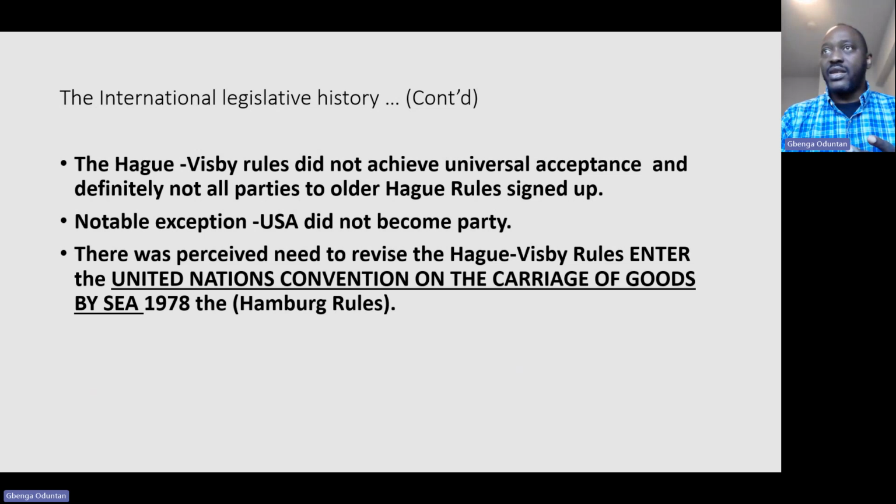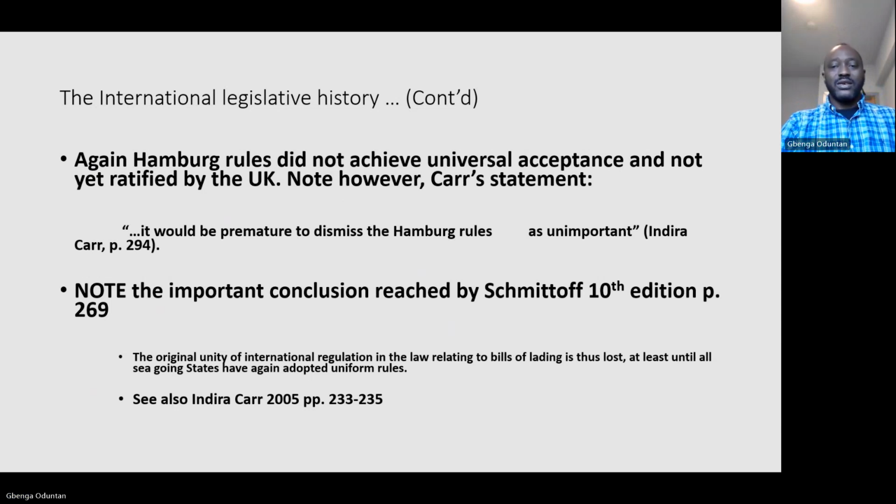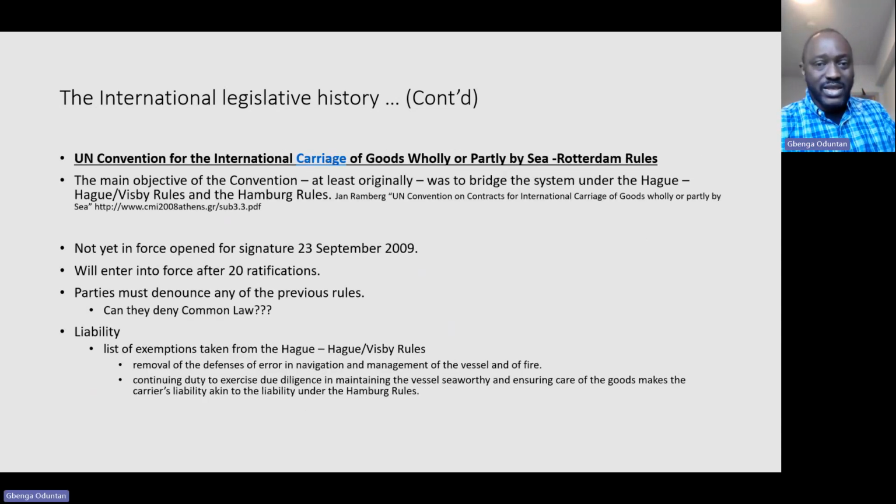And what did we find afterwards? We found out that states demanded even more, a new rule that is supposed to cure everything. Hence, the Rotterdam rules. The Rotterdam rules were brought into existence under the UN Convention for the International Carriage of Goods, wholly or partially, by the sea in 2009.